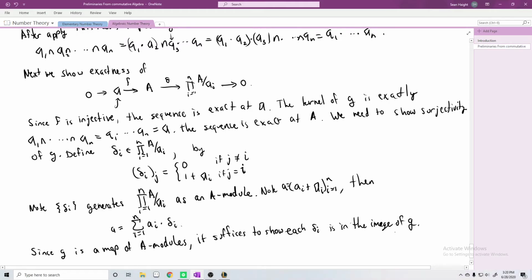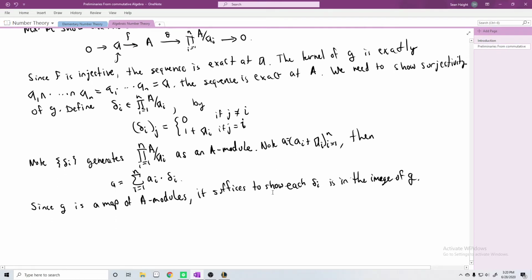So I'm trying to show this map is surjective. I've found a nice generating set as an A module.